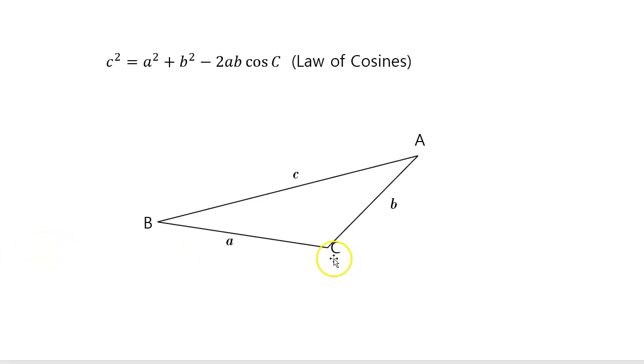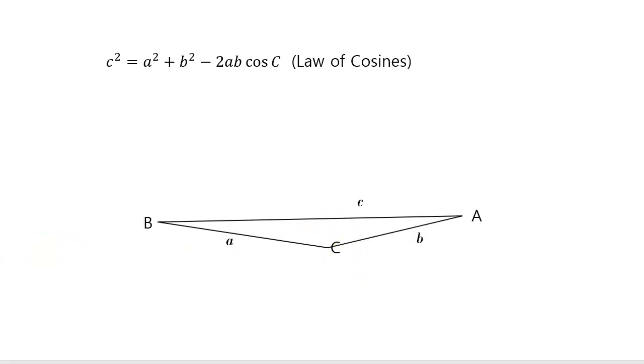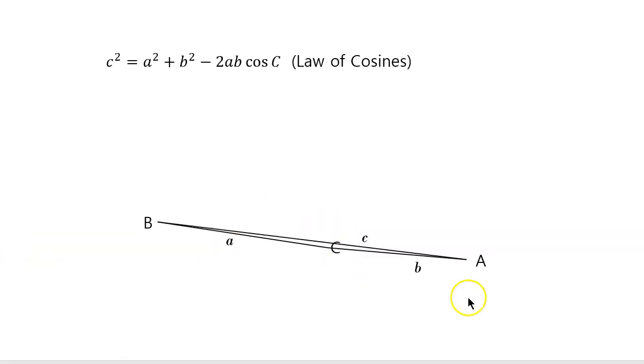Well, think about this. What would happen if you increase the angle C even more so that it eventually becomes this very flat triangle? At the limit, angle C is 180 degrees, and this length is a and that length is b.